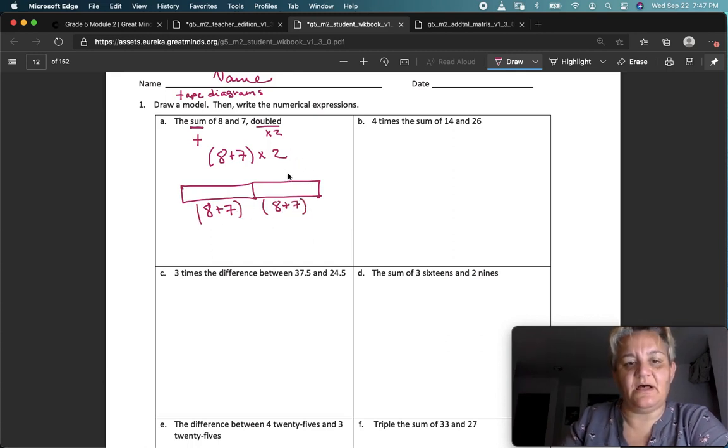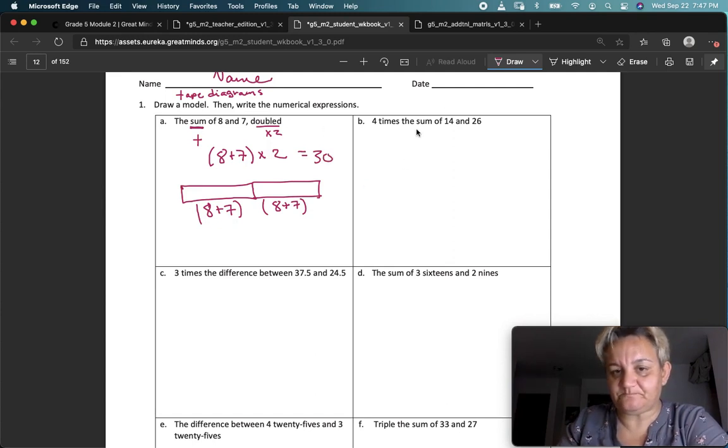Okay, you don't need to solve. We're not solving today. If you want to for fun, this would equal 30, okay? But we're not solving today. 4 times the sum of 14 and 26. So 4 times means multiply. So multiply times 4. The sum means adding, of 14 and 26.